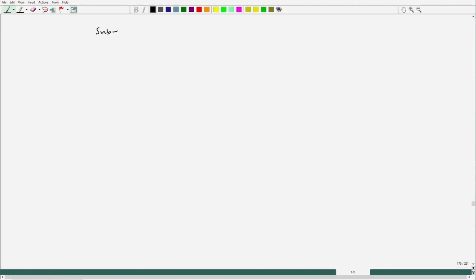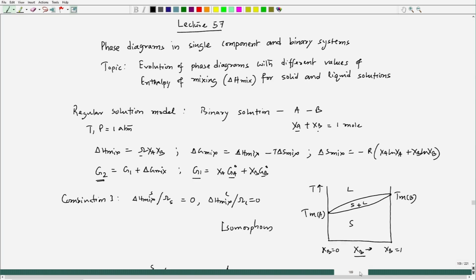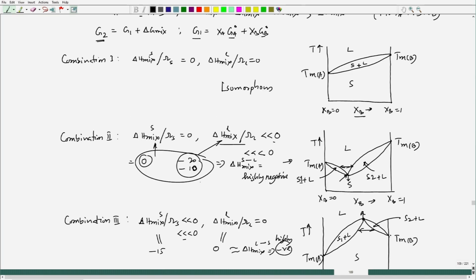For example, let us say I take a sub combination where delta H mix of solid, let us take this as minus 15 kilojoule per mole. Remember these values are in terms of kilojoule per mole.